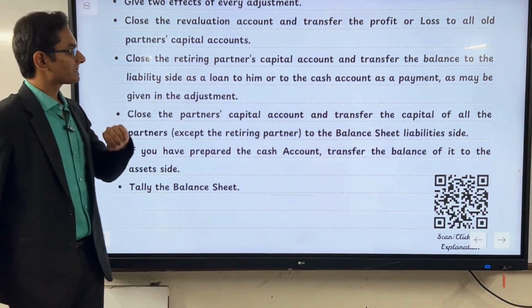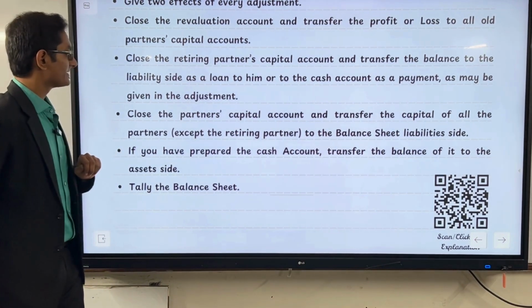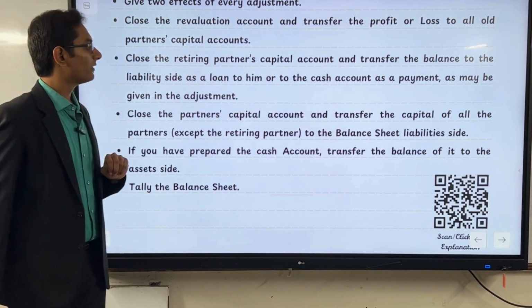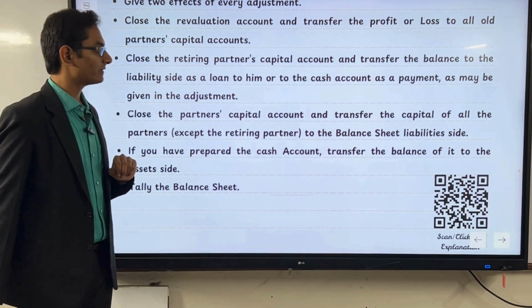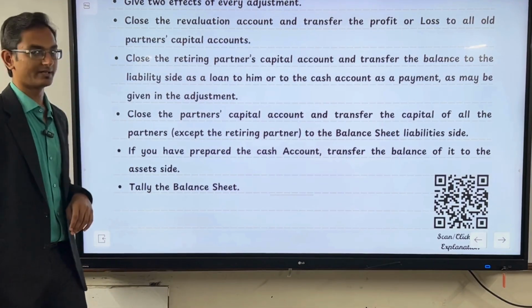Close the retiring partner's capital account and transfer the balance to the liability side as a loan to him or to the cash account as a payment, as may be given in the adjustment.